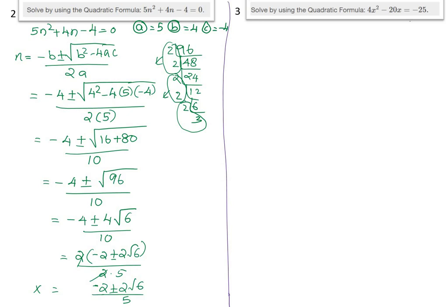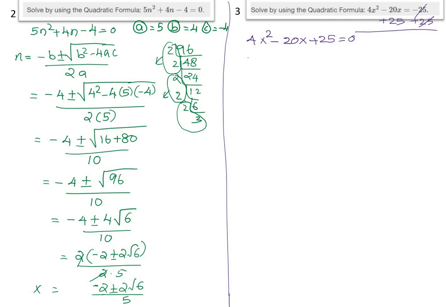How to do that? Just add 25 on both sides. So that will give you 4x square, no change, minus 20x, no change. This cancels out and you will get a 25 here equal to 0, right? So the right side becomes 0.